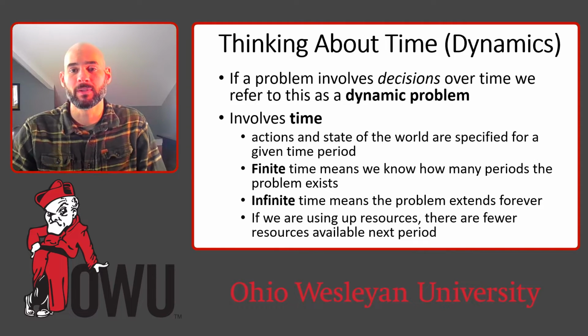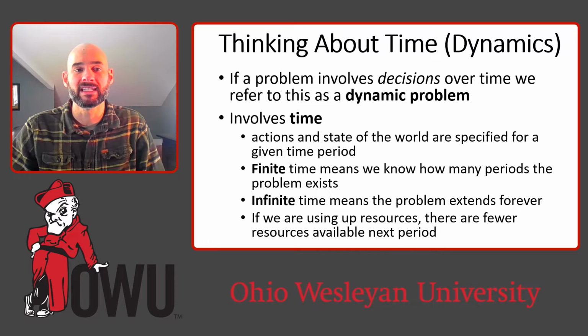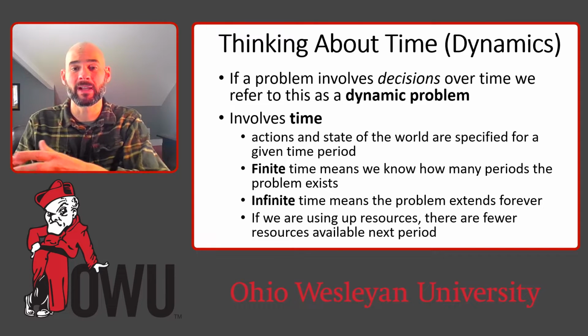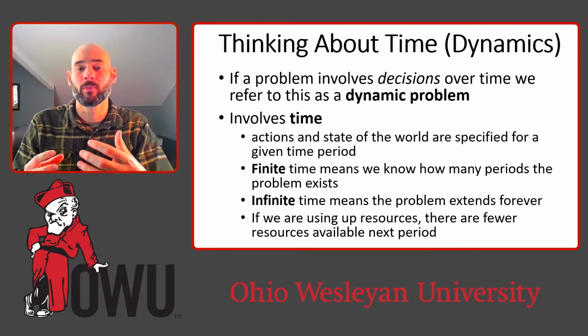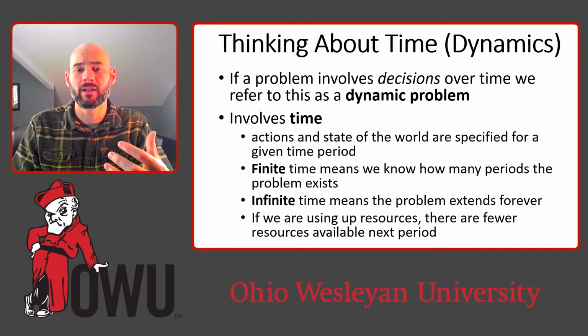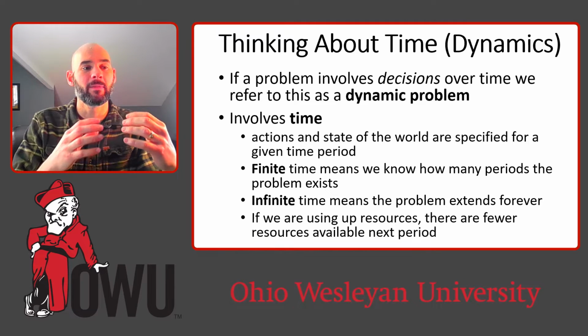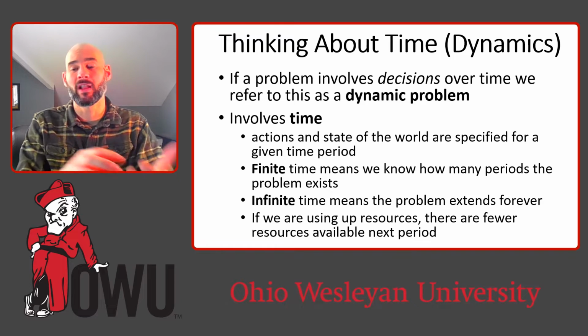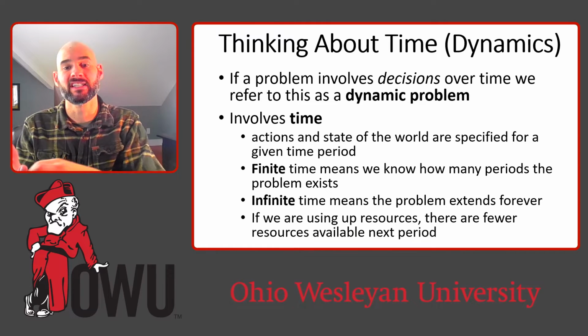We'll come up with some different examples and ways that we could classify some problems as dynamic and some as not dynamic. But in general, we want to think about the role of time as both pertaining to the state of the world, the consequences, as well as our decisions and our actions.